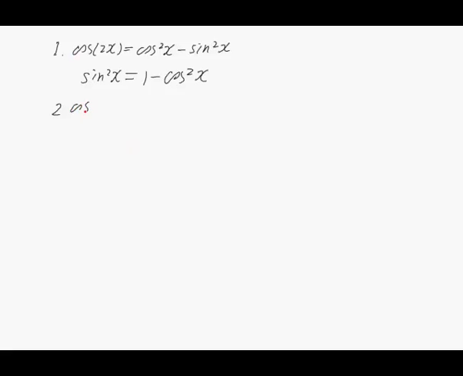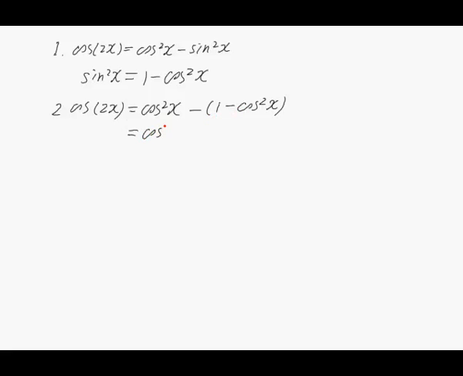So we have the cosine of 2x equal to cosine square x. And then we replace sine square x by 1 minus the cosine square x. So we get the 1 minus cosine square x here. Now you multiply each term inside the parenthesis by -1.